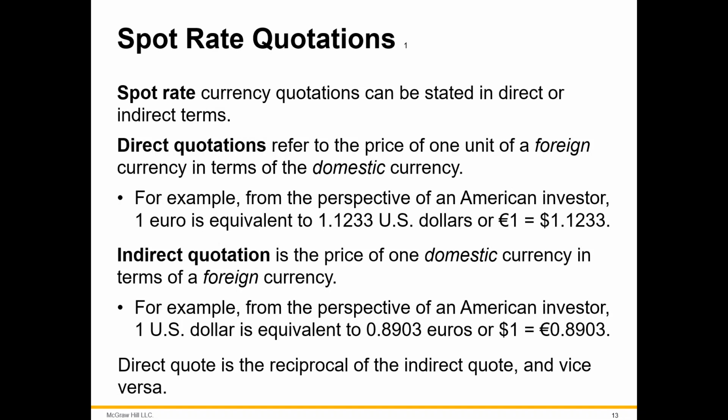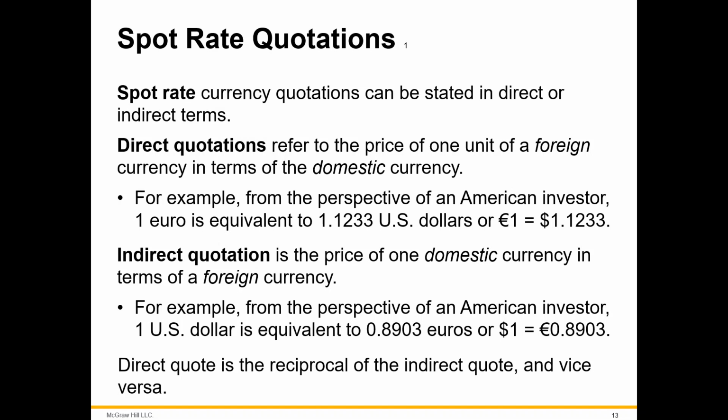So again, an indirect quote from the perspective of an American is a direct quote from the perspective of a Japanese buyer, right? So the 140 is the local currency if you're operating in Japan, and it's not if you're operating in the United States. So it's really a matter of perspective. So again, it's all relative to where you're talking from.